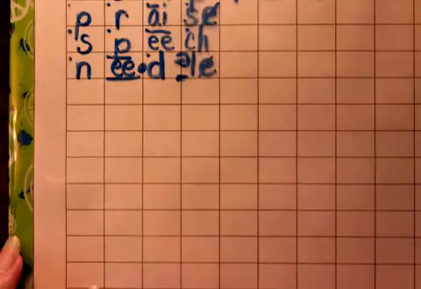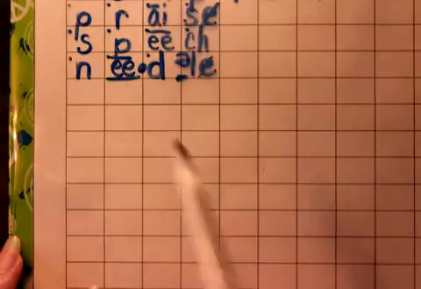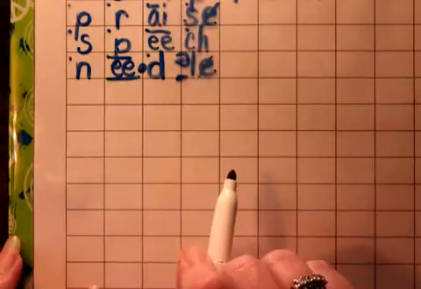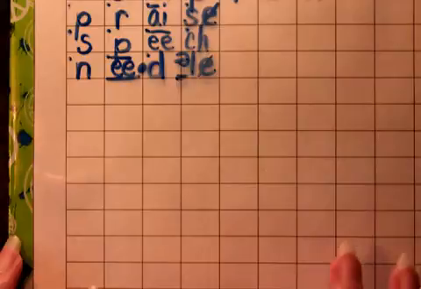The schwa is the other vowel sound. That's why consonant-L-E is a syllable type. Remember I said syllables have to have a vowel sound, and the schwa is the vowel sound for consonant-L-E.